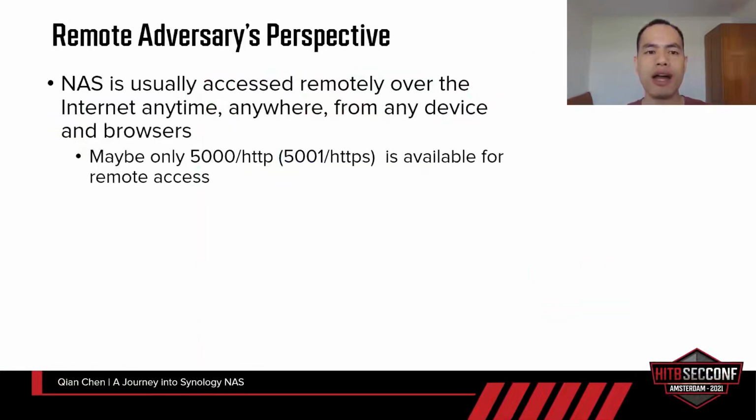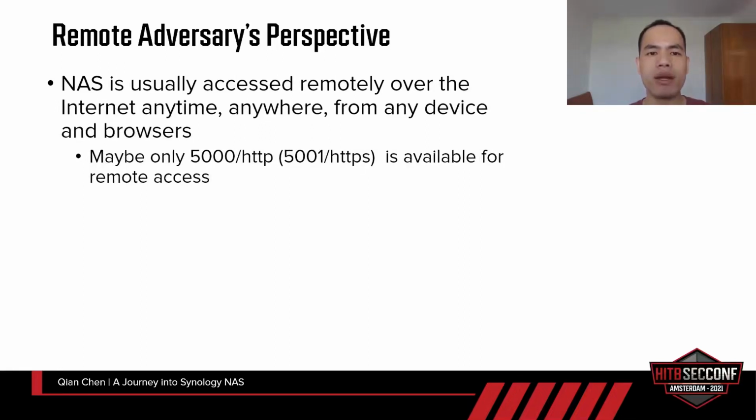Okay, so far we have supposed we are in the same local area network as the device, but in reality, a NAS is often used remotely, and can be accessed over the internet anytime, anywhere from any device and browser.